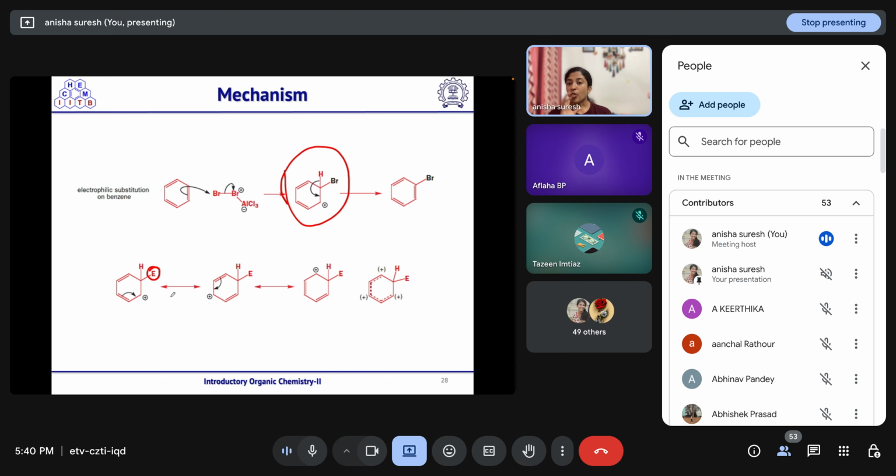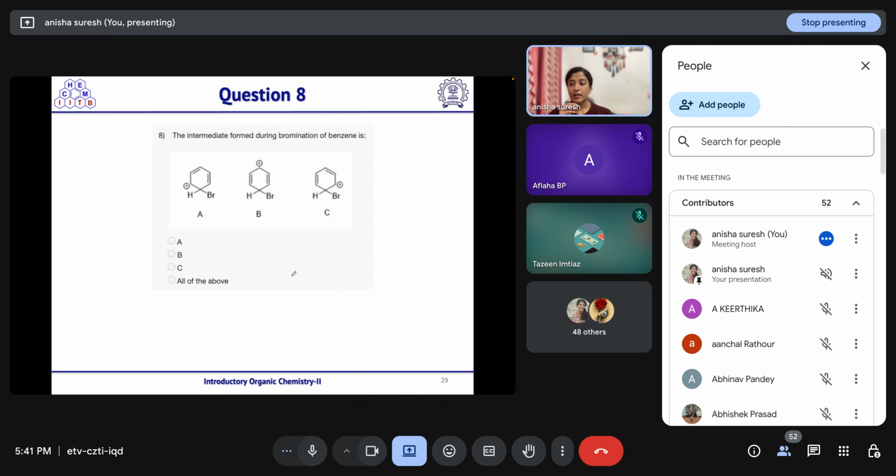So all these intermediates will be there. Then losing a proton by abstraction by any base can result in the formation of the final product. So all of these three will be the right intermediates for bromination of benzene. So option D will be the right answer in this case.